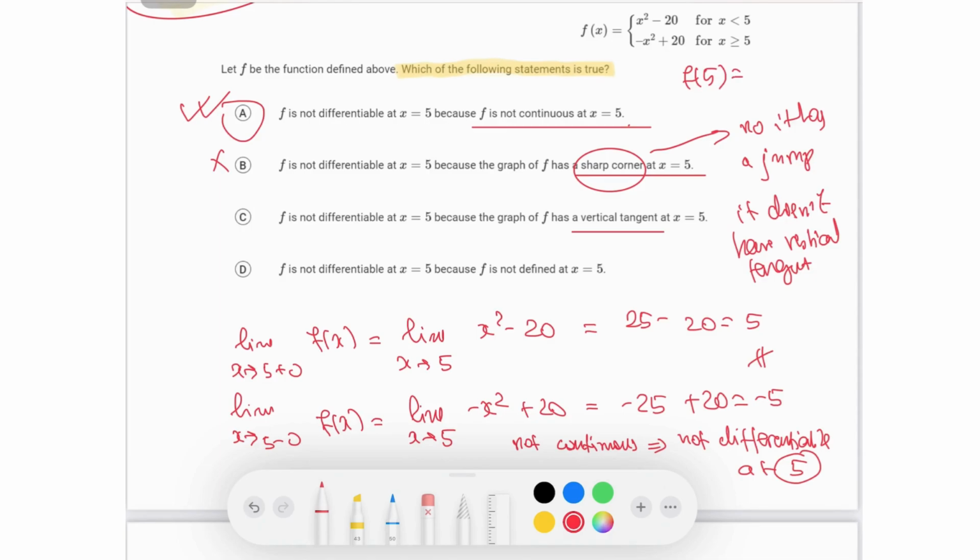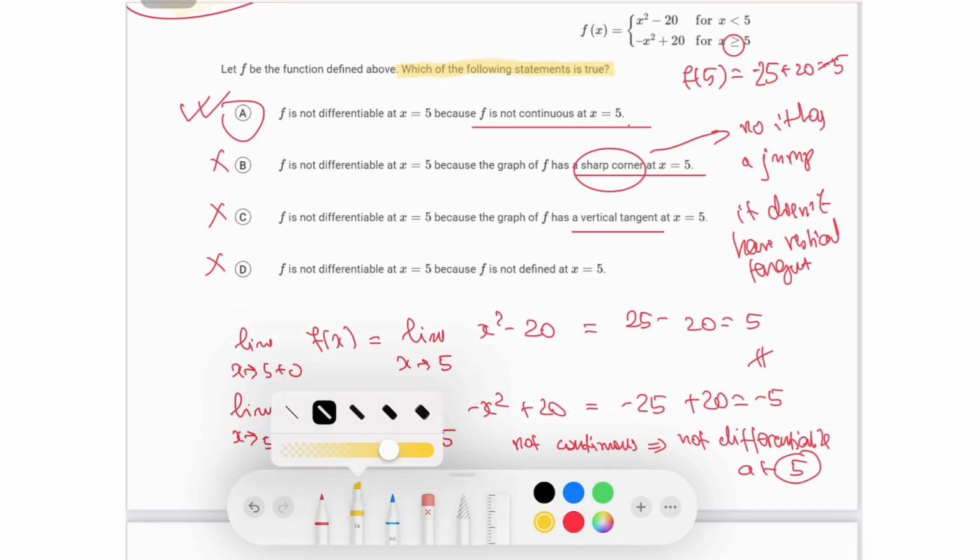F of 5 is minus 25 plus 20, which is minus 5. So it is defined, so this is not correct. So the only correct answer is A: f is not differentiable because it is not continuous.